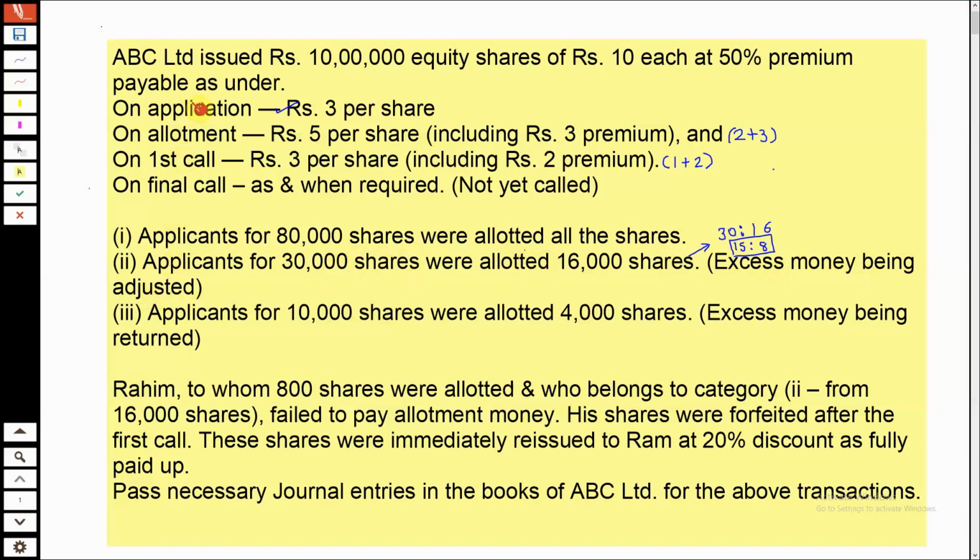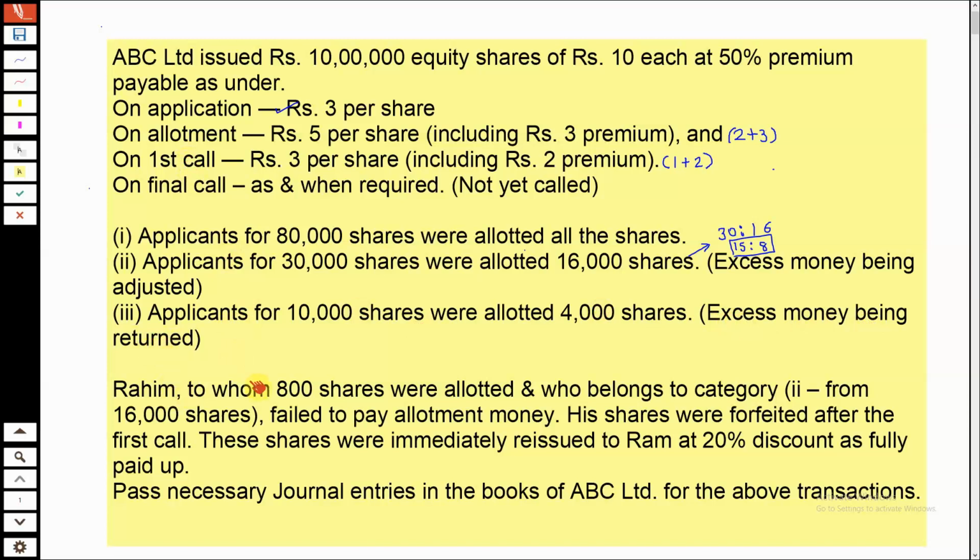It means application money can be adjusted in allotment, and it can be adjusted in call, depending on whether you have enough money or not. And here in this category, excess money is being returned, it means you are refunding the amount to them.